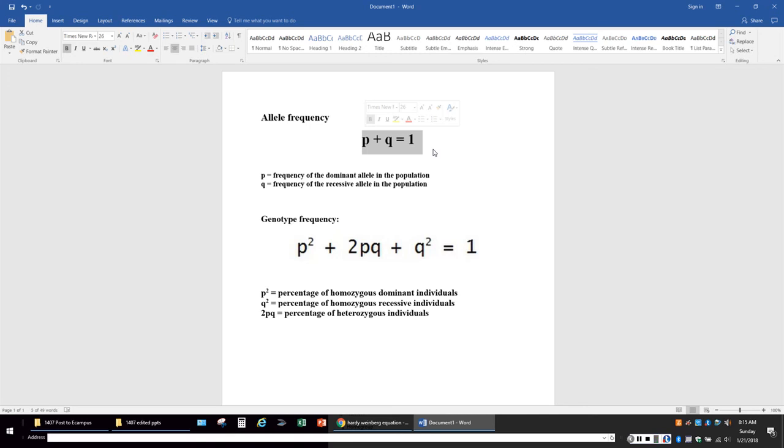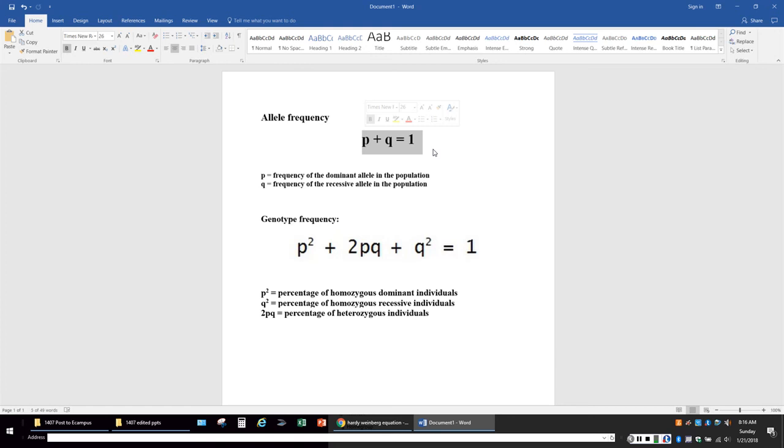Okay, hopefully that didn't confuse you. Anyway, 2pq is 2 times 0.4 times 0.6, the frequency of p and the frequency of q. So that is 0.48. And we should see that these add up to 1. So 0.48 plus 0.16 plus 0.36 should equal 1, or 100%.